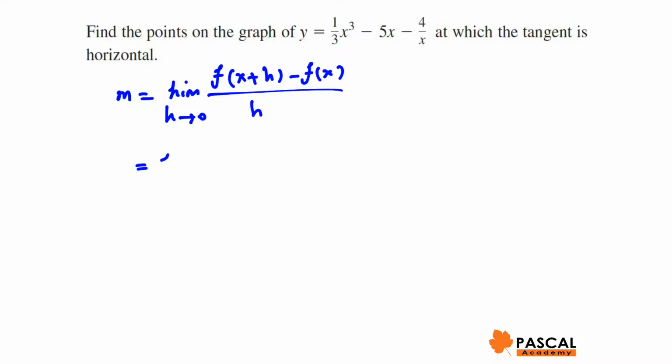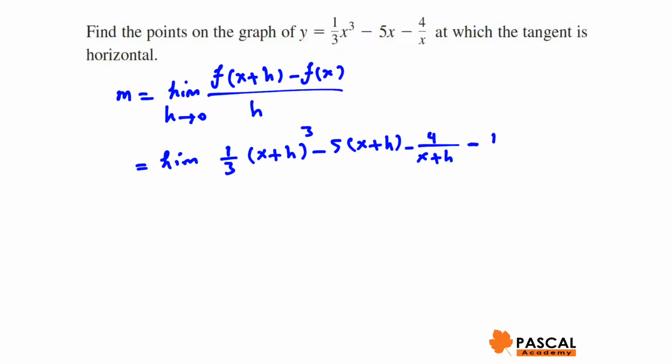This limit would be the same as the limit of [1/3 (x+h)^3 minus 5(x+h) minus 4/(x+h) minus (1/3 x^3 minus 5x minus 4/x)] times 1/h. Instead of dividing by h, I wrote times 1/h.